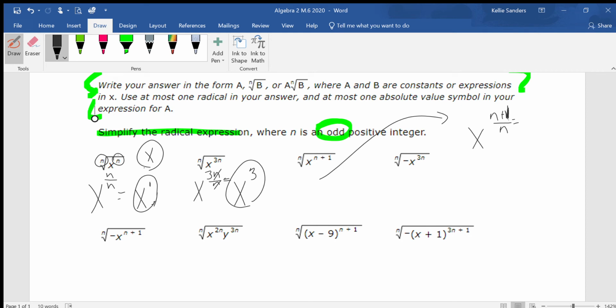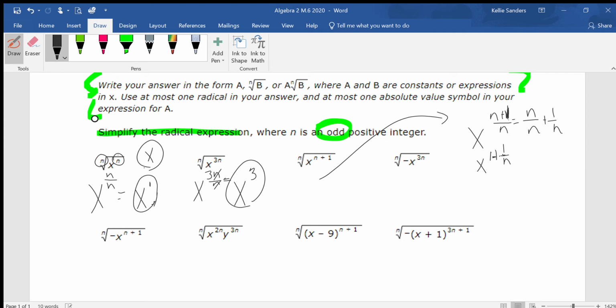And that can be separated to n over n plus 1 over n. And that means n over n is 1, plus 1 over n.